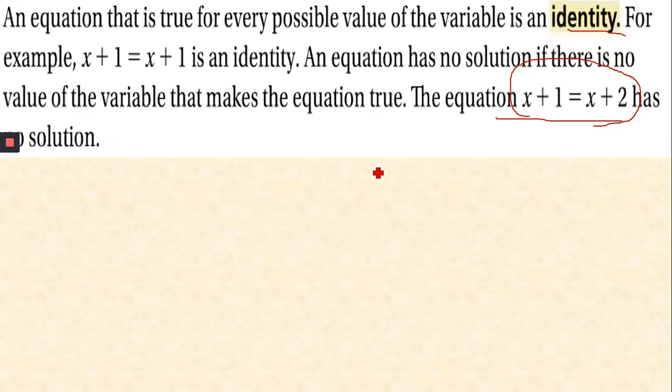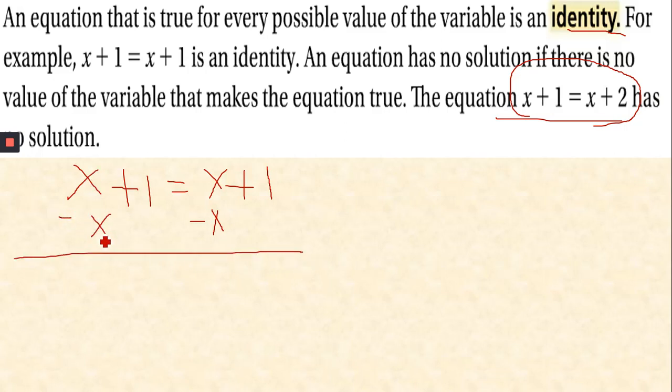Why? Let us verify. We have here x plus 1 is equal to x plus 1. Combining similar terms, we're going to move your x on the left side. So we need to get the opposite, negative x, negative x. What is x minus x? That is 0.